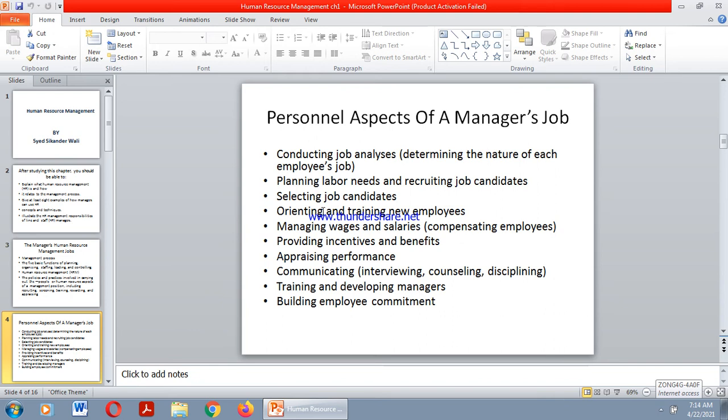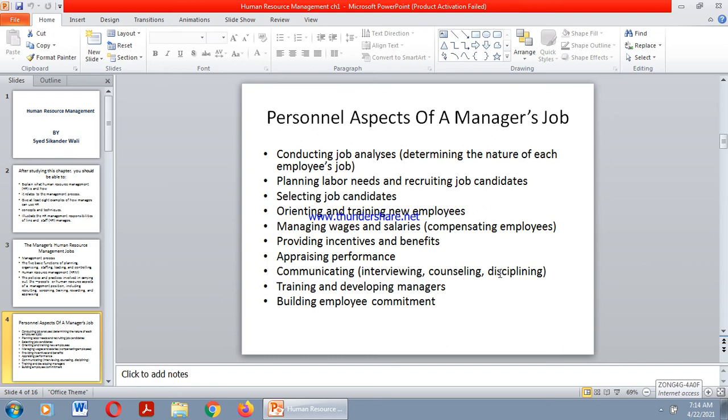For 1-2 months they are oriented, so they know the inputs and the processes and the outputs, and they understand how the specific business for which they will be doing the job is working.